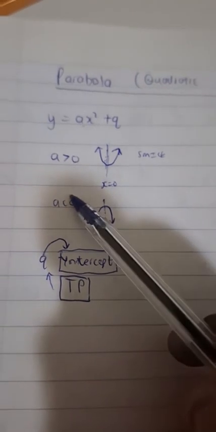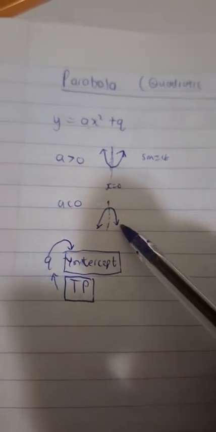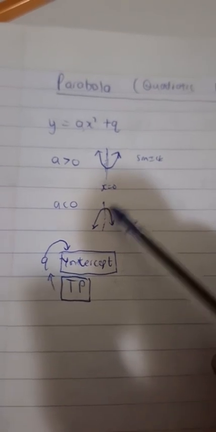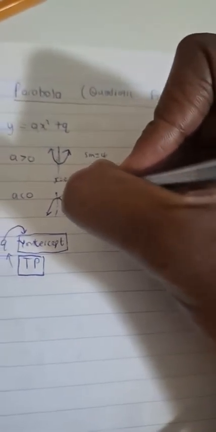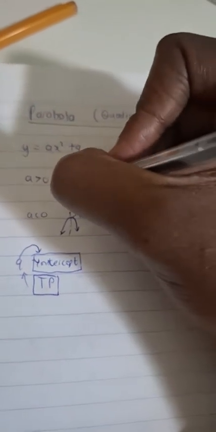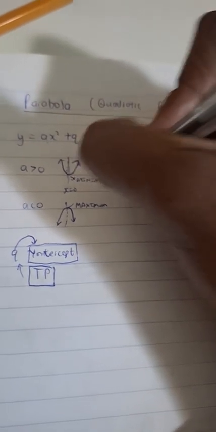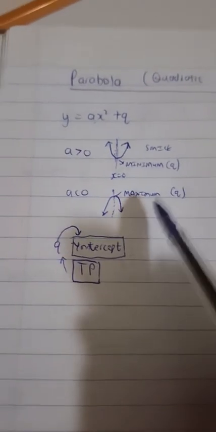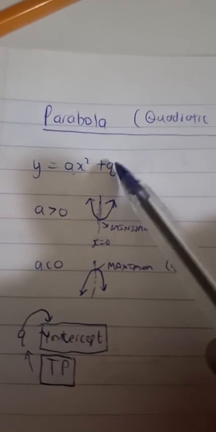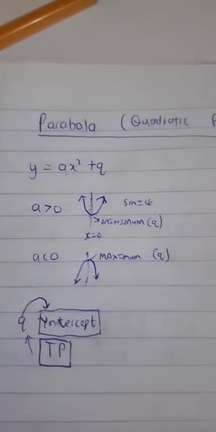Whereas if a is less than 0, we have a concave down or a sad face, and we have a maximum value. So our q value tells us what the maximum or the minimum value will be. This q value is something quite significant, but furthermore, we also talk about vertical shift.